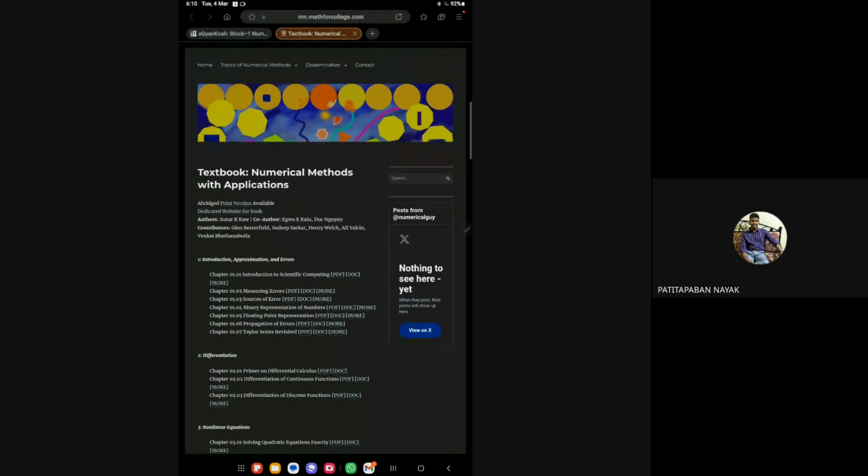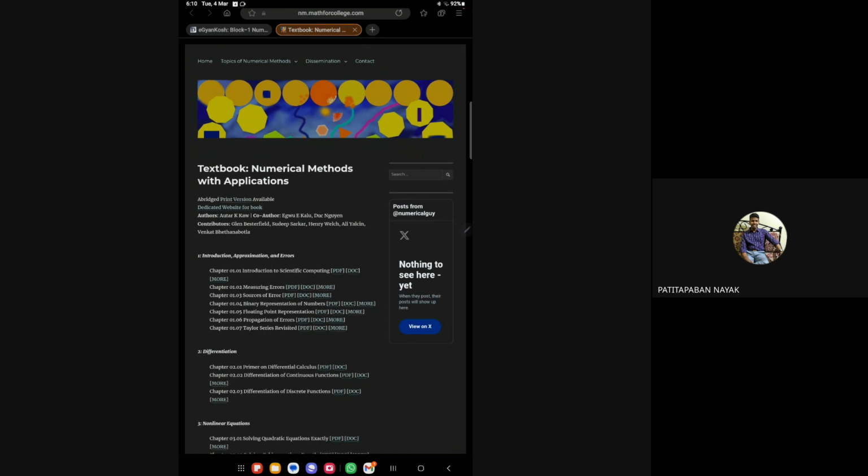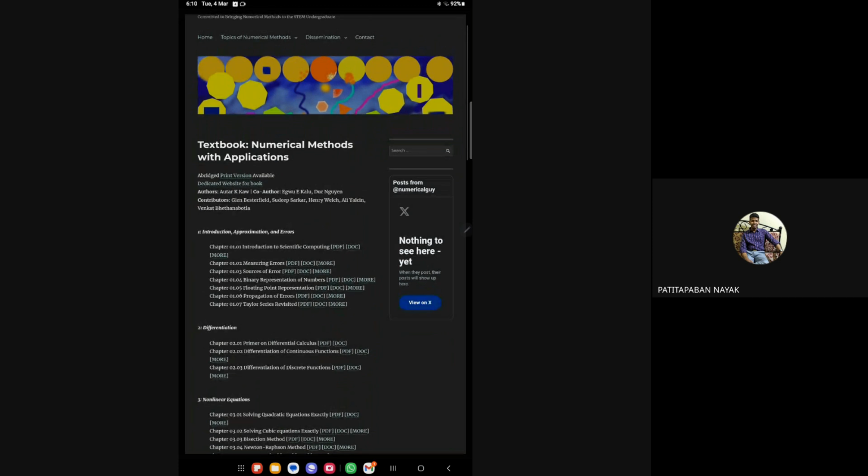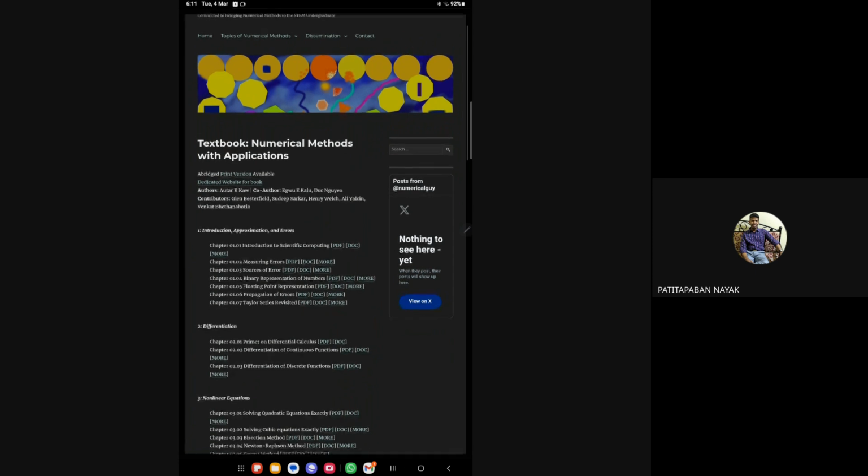This part is there so that you can play around. Then there are topics like measuring error, sources of error, binary representation of numbers, floating point representation, propagation of errors, Taylor series revisited. All these things you will have in PDF format, so you can download the PDF and read it. Okay, you get my point?